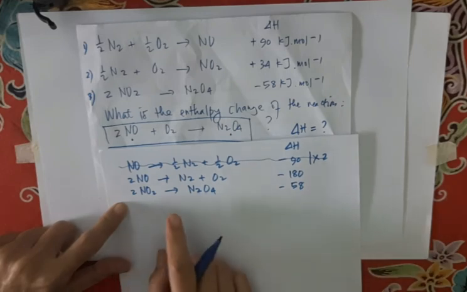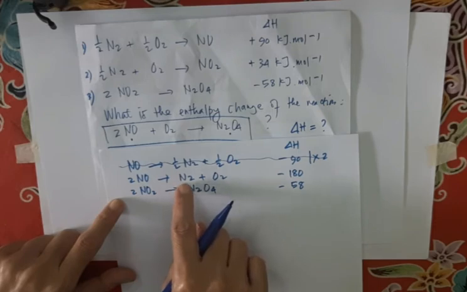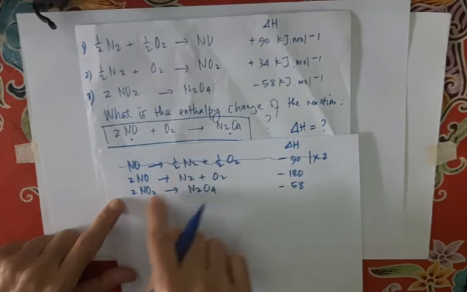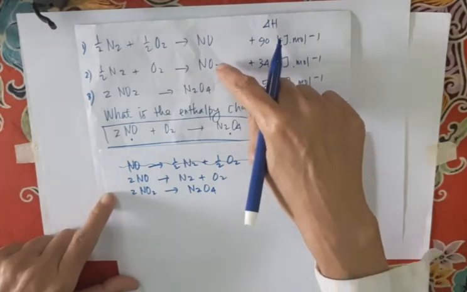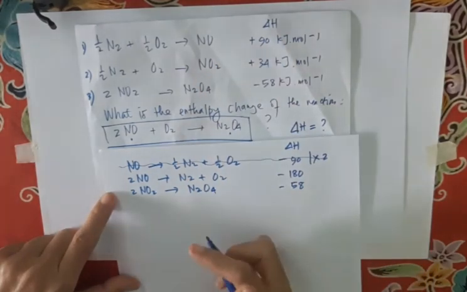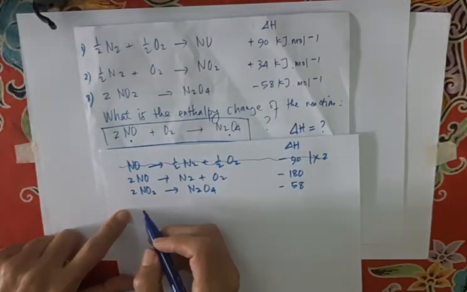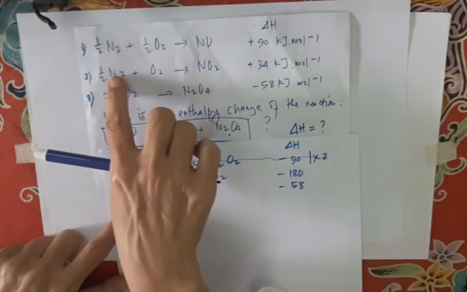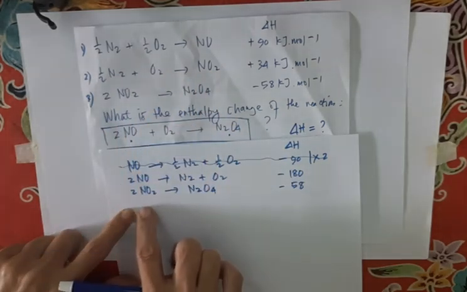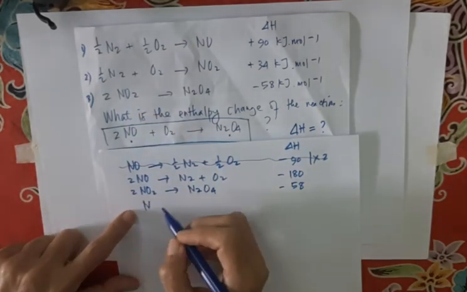So we must eliminate these substances using these equations. N2 is on the right side, so it will be cancelled out by the one on the left side.